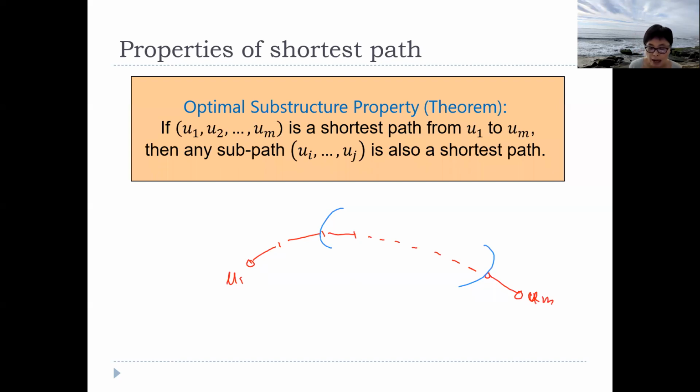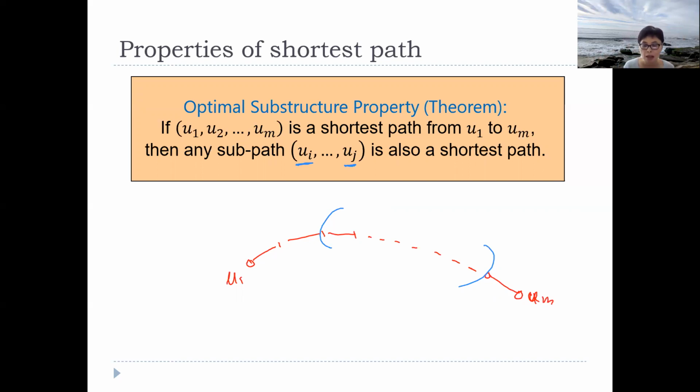So you take any subpath from UI to UJ, then this must be the shortest path connecting UI to UJ as well. Another way to say this is that any subportion of the shortest path must be shortest itself.